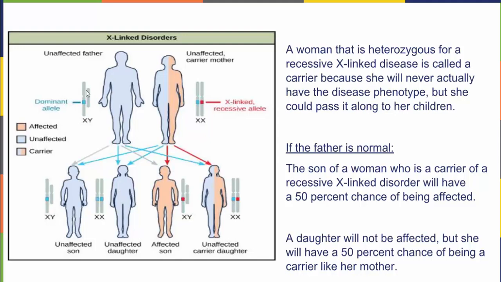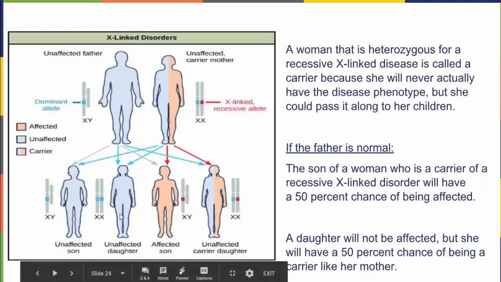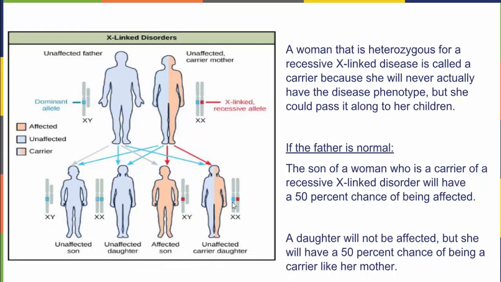So they're getting the good X from dad, and then they're getting either mom's good X, that would be this daughter, completely unaffected and has 2 good X's, or will be a carrier. Unaffected because she's a heterozygote, so this good X means she doesn't have the disease because it's a recessive disease, but a carrier because she still has that one chromosome that she could pass along to her children.